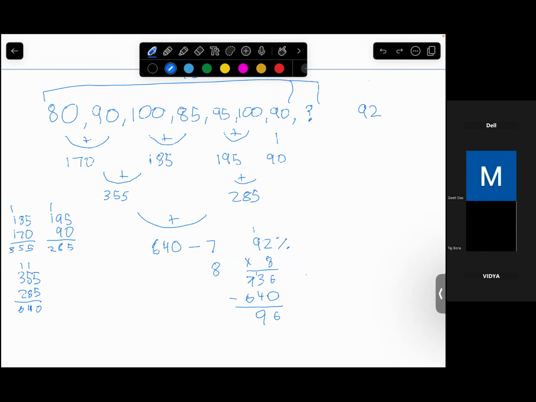Now, this is an extremely difficult question, and you probably won't have to do this hard of a question, but just to understand how mean, median, and mode can be used in the real world. So, do people understand this question? Could I get a yes or no?